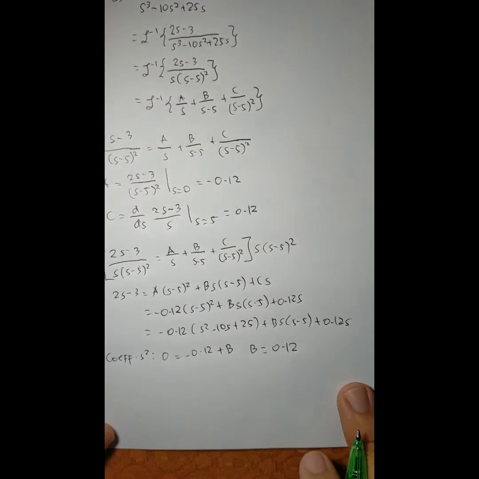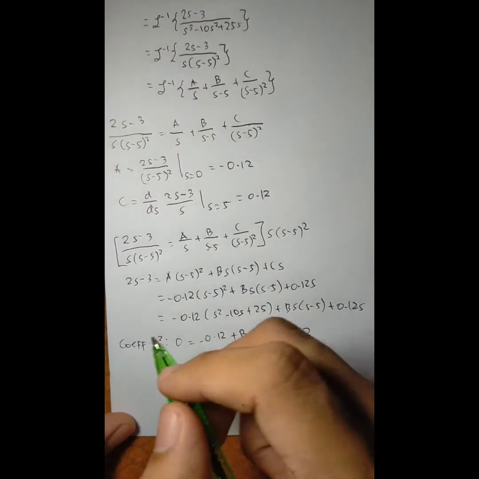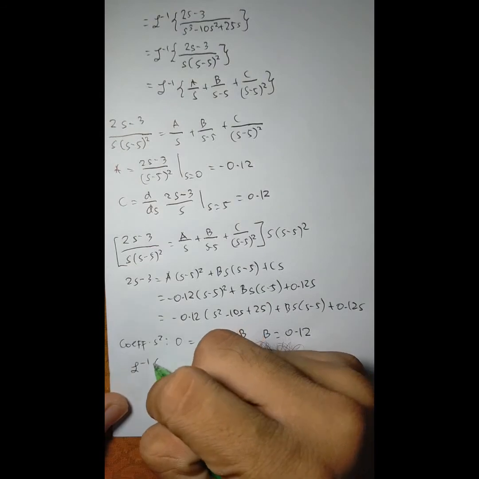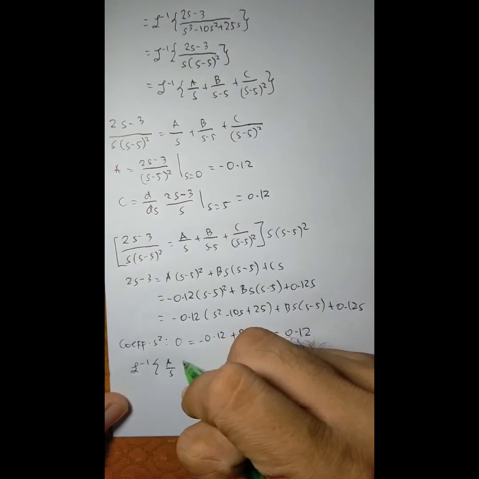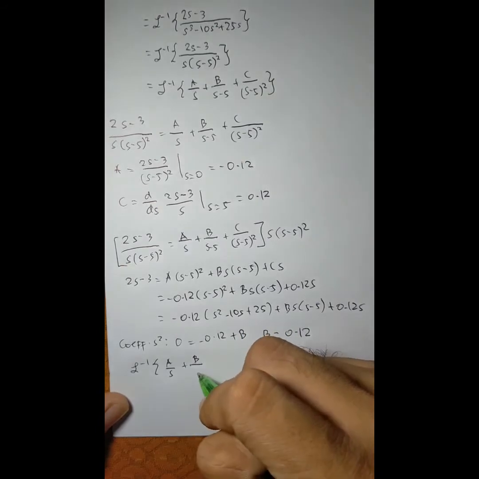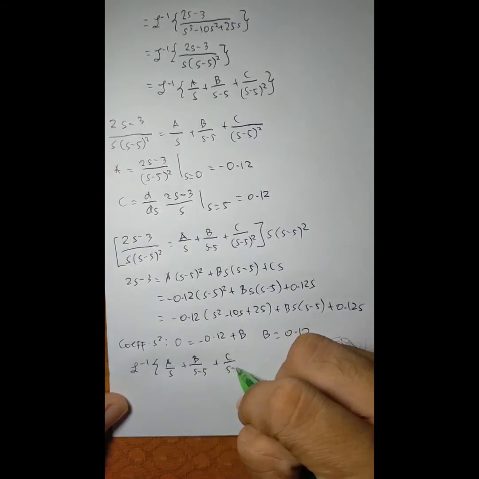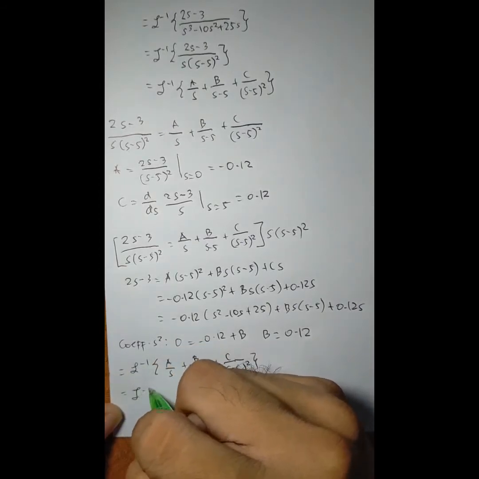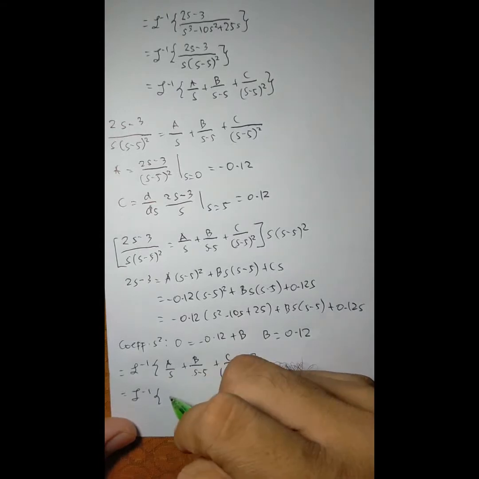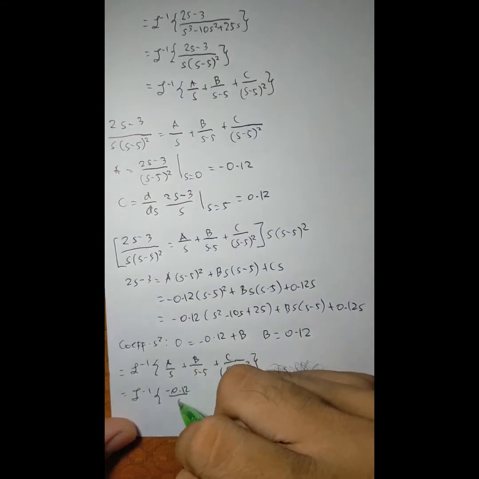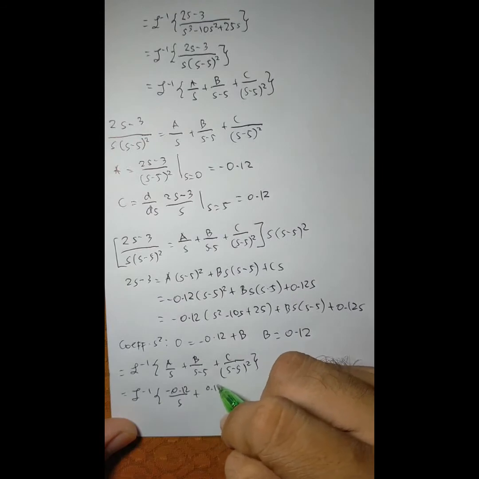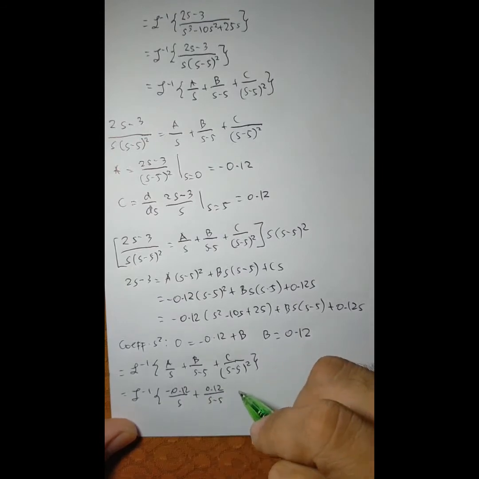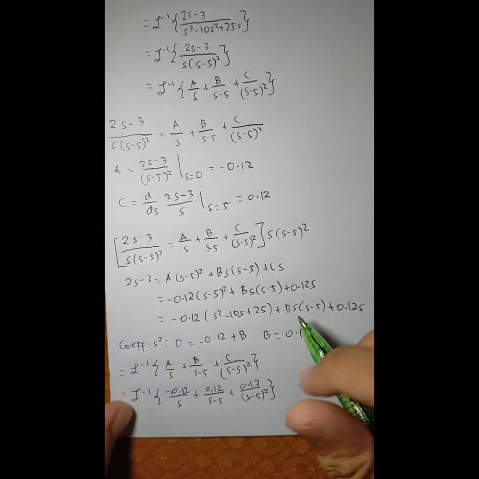And to find the inverse Laplace transformation, we have A over s plus B over s minus 5 plus C over s minus 5 squared. We substitute the value of A, negative 0.12 over s, plus 0.12 over s minus 5, plus the value of C, 0.12 over s minus 5 squared.